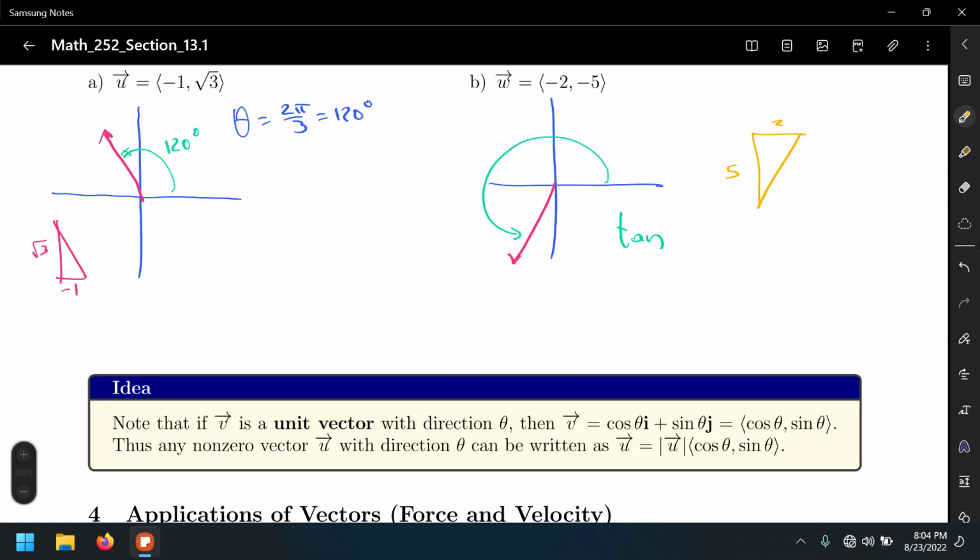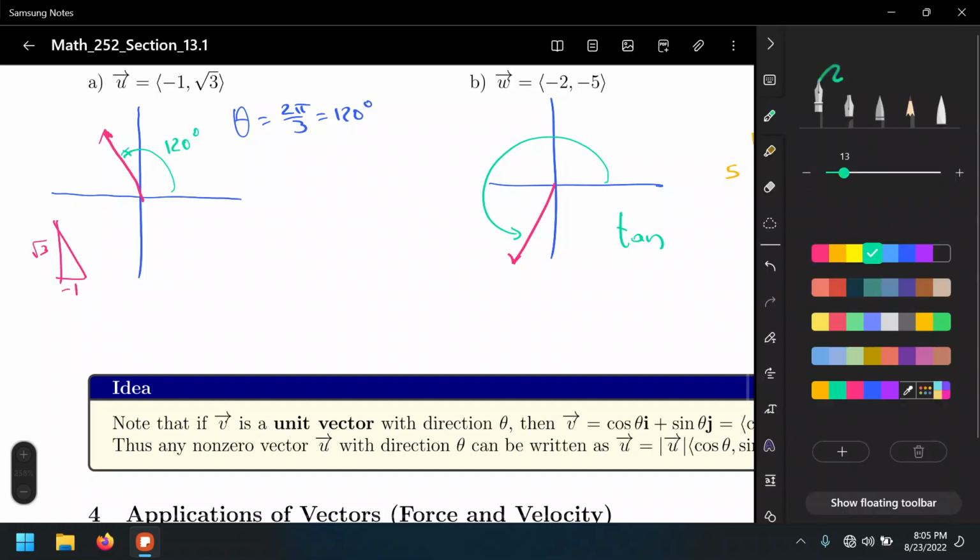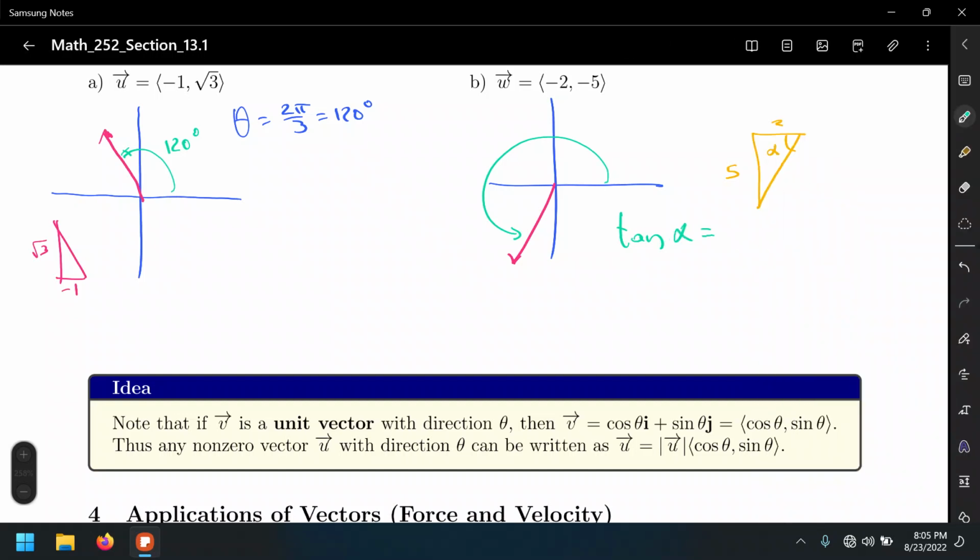I know this is negative 2 and this is positive 5. This is the angle; let's call it alpha for now. So tangent of alpha equals opposite over adjacent, that's 5 over 2, and alpha is the inverse tangent of 5/2.